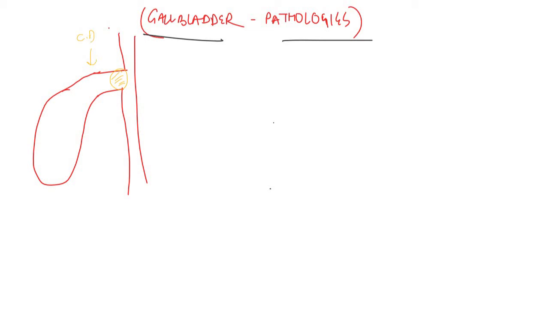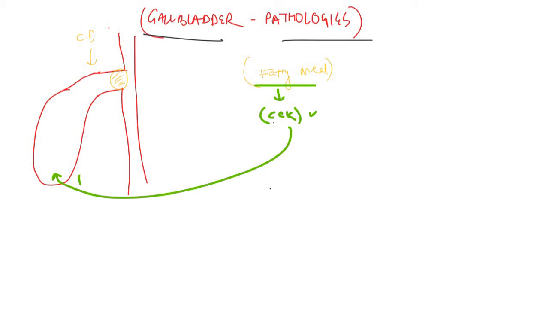Now what would happen is that when the person has a fatty meal, always remember that in response to the fatty meal there is a release of cholecystokinin, and cholecystokinin causes contraction in the GB.